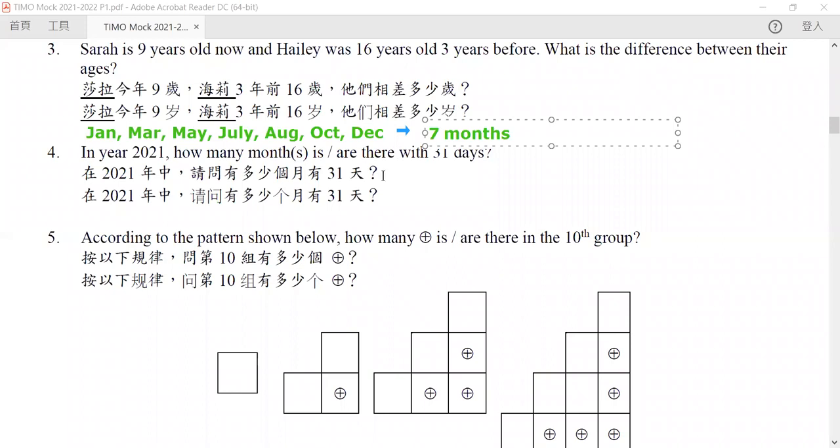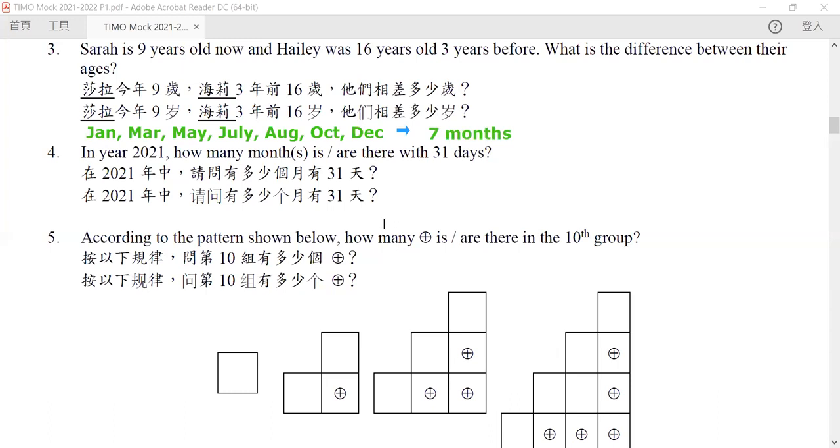Now it will be very useful for you to know this kind of common knowledge, because later on we need to count how the day of the week changes when time passes. For example, a typical question is, today is 27th of March, so what is the day of the week for 27th of December?